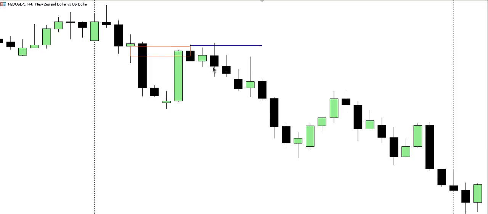So closing below it, this area should be sensitive enough for entries, but not yet. What you're waiting for is something that will trade back into that propulsion block and confirm rejection.